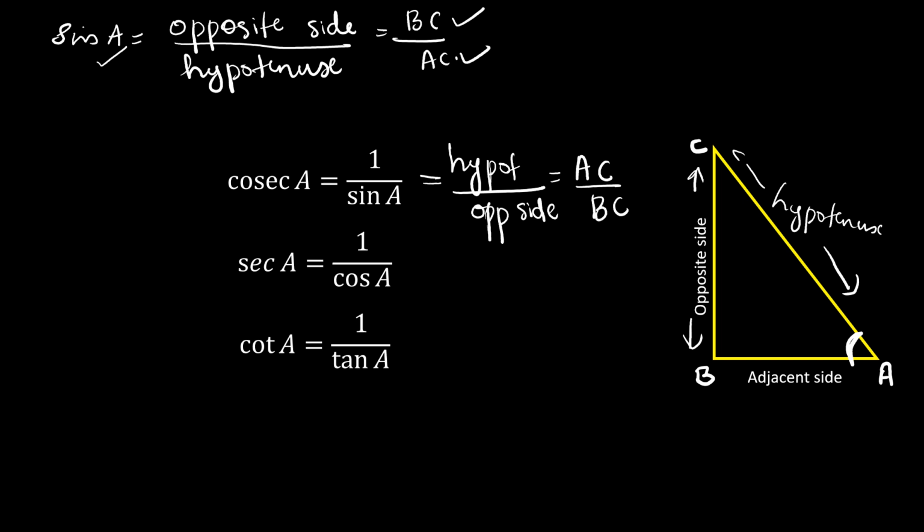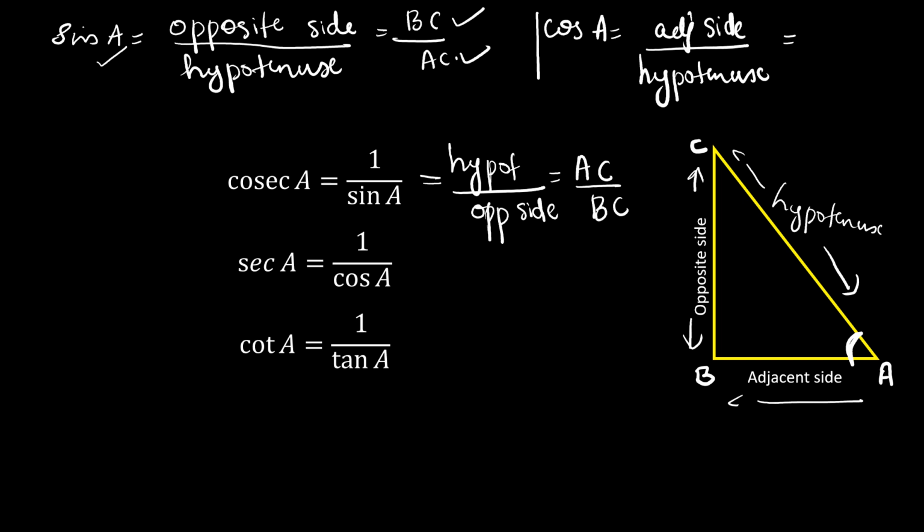Next is sec A. Sec A is the reciprocal of cos A. What was cos A? We wrote cos A as adjacent side divided by hypotenuse. So what is the adjacent side? That is AB, divided by hypotenuse AC.